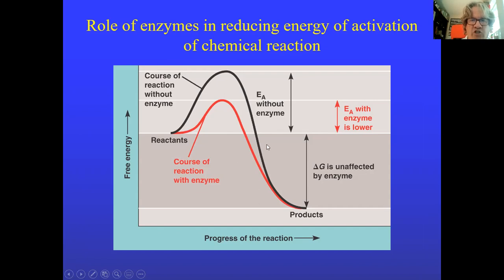In biology, you can't just heat cells up to give energy into a system to make chemical reactions run faster, because that's going to damage other components of the cell. You have to keep the temperature relatively constant. Enzymes allow you to modify this energy of activation so you don't need to heat things up to allow a reaction to happen fast.